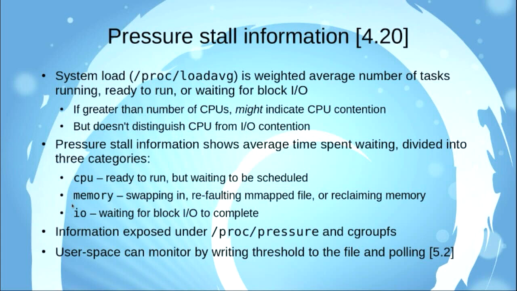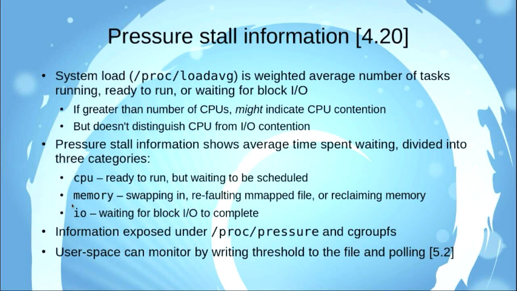So pressure stall information was added in Linux 4.20, and that shows the average time that tasks have been spending waiting, divided into 3 categories. You have CPU contended tasks ready to run but waiting to be scheduled on the CPU. Memory contended tasks are those that are swapping in, refaulting a memory mapped file or reclaiming memory, and IO-contended tasks waiting for block IO to complete.